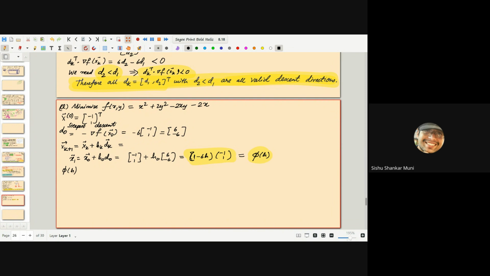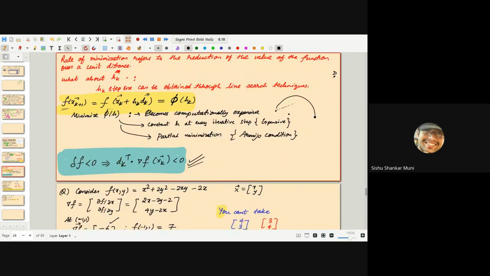So phi of h, what is phi of h? I don't think that is phi of h. I think I made a mistake. This is not phi of h, right? Phi of h is f of x1, the function value, not x1. Yes, f of x1 is phi of h, not x.